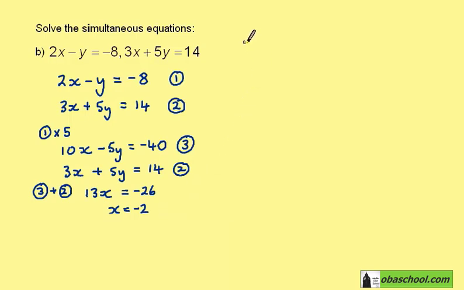To find y, we substitute into one of the original equations. I'm going to use number 2, and I've chosen this simply because number 1 looks more difficult with the negatives. Substituting into 2, 3 times minus 2 is minus 6, plus 5y is equal to 14.